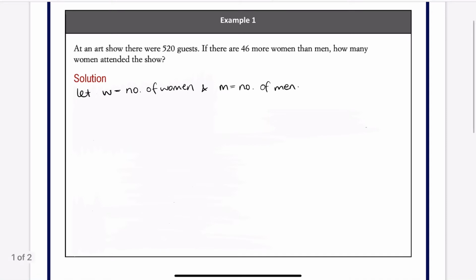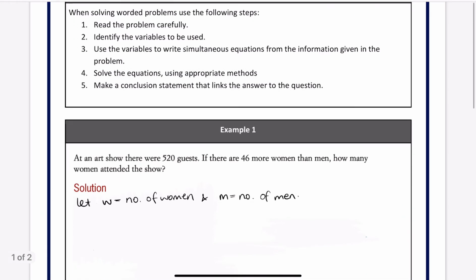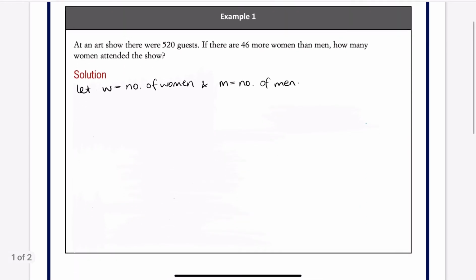Our next step is to use the variables to write simultaneous equations. In the question, there are 520 guests. No matter if they're women or men, there are 520 guests. So women plus men equals 520.